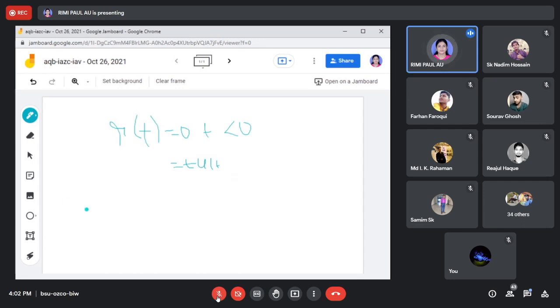Unit means k is equal to 1. Okay, unit ramp means in kt, instead of k being 5, 6, 7, I am taking 1. So that's why it's a unit ramp. Now I am taking the positive unit ramp, that means I am multiplying with u(t), so that I can get t greater than or equal to 0. That means the positive half side, x axis and y axis both are positive.